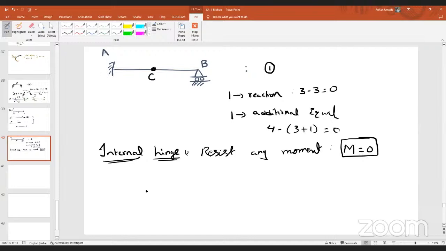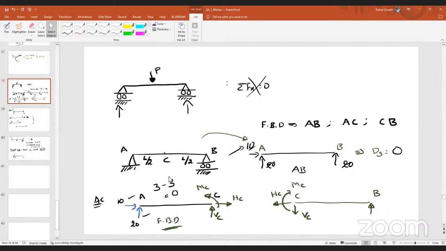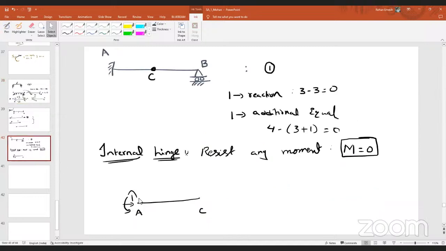Now, I want to draw the free body diagram of AC. Tell me how many reactions will exist at point A? 3. Horizontal, upward and moment. And what about at point C? Similar problem we have seen, right? At point C, how many internal forces are considered here? 3. But here, do we have to consider 3 internal forces?